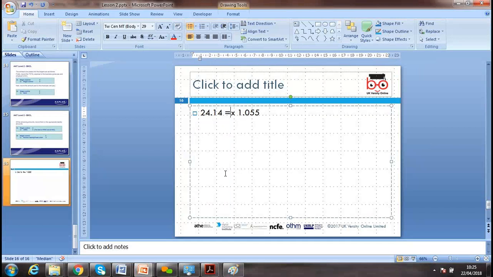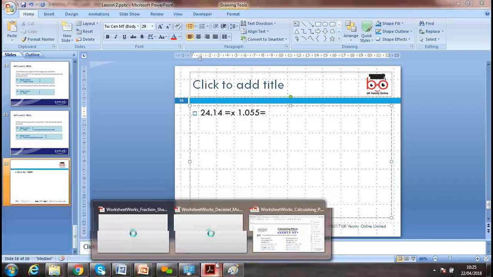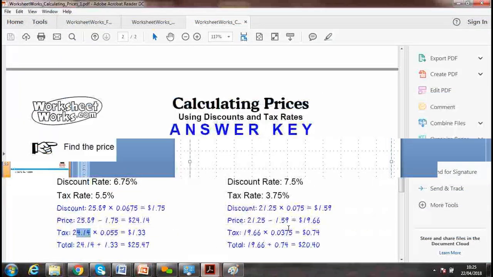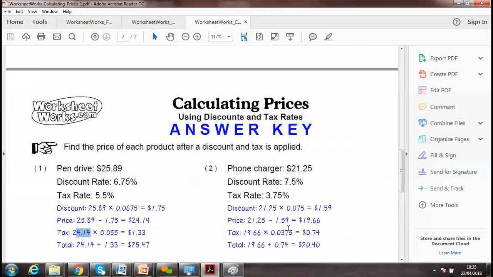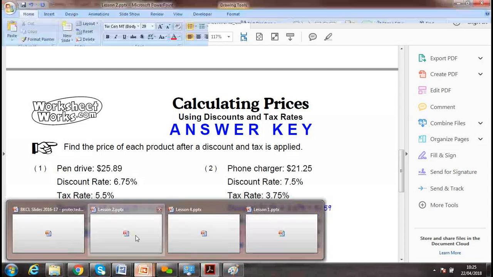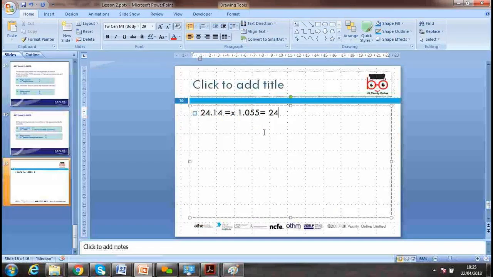It will come equal to 25.47. Is it right? Yes.